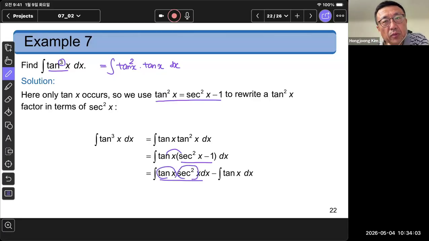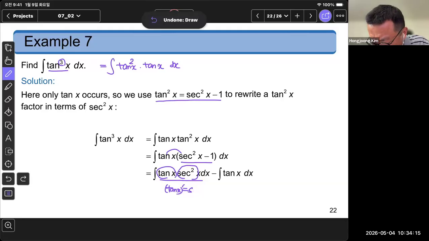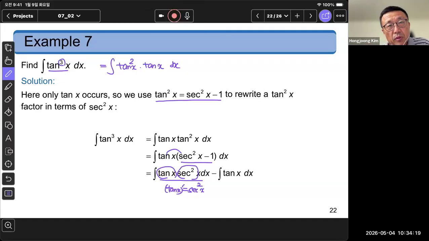For this one, the problem is simple, right? Because when you differentiate tangent, you get secant x squared. So you can introduce u to denote tangent x.